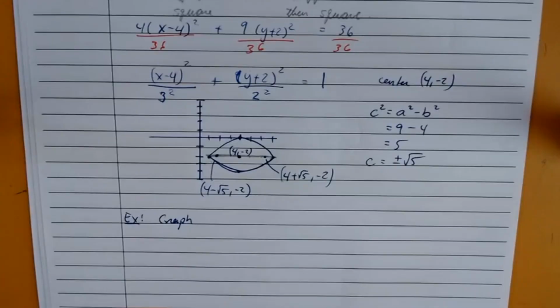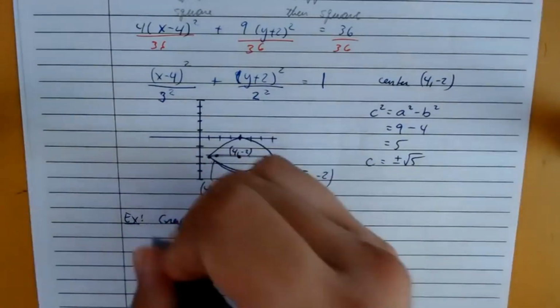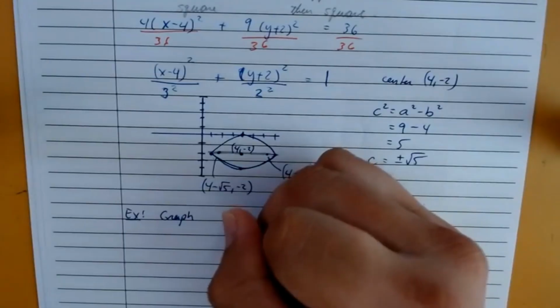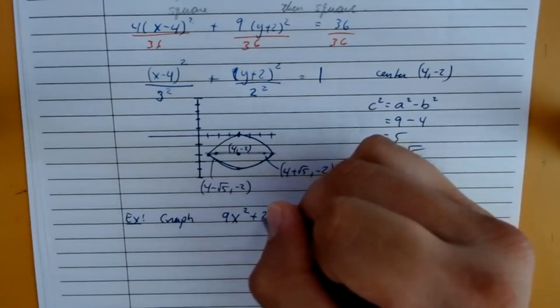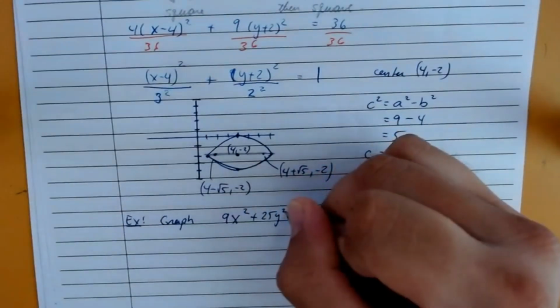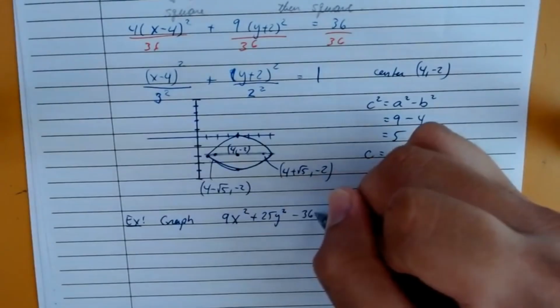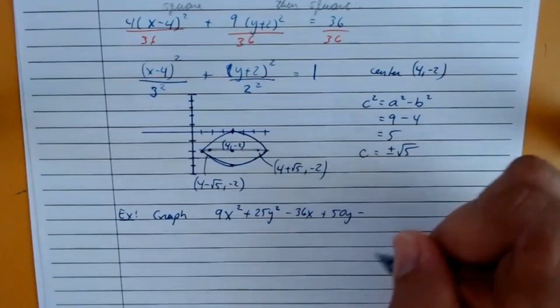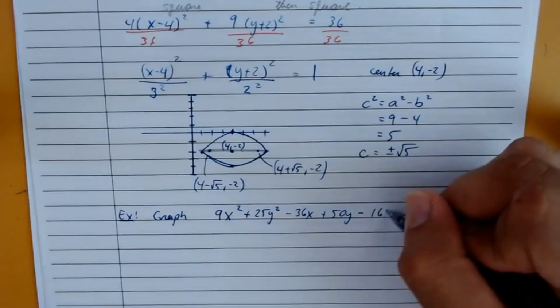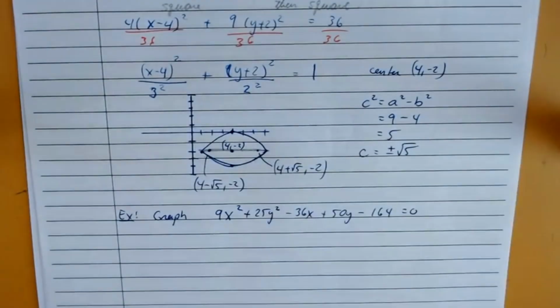Let's have you graph 9x squared plus 25y squared minus 36x plus 50y minus 164 is equal to 0.